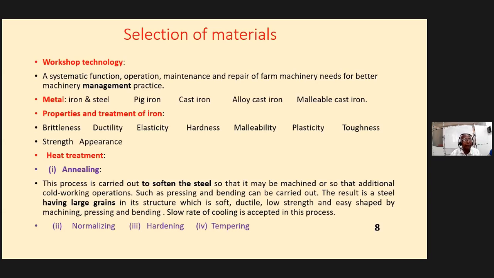Properties and treatment of iron: brittleness, ductility, elasticity, hardness, malleability, plasticity, roughness, strength, appearance, like that. These things are available. Heat treatment of metal. So metal is available as a metal plate or metal rod, or in any shape.